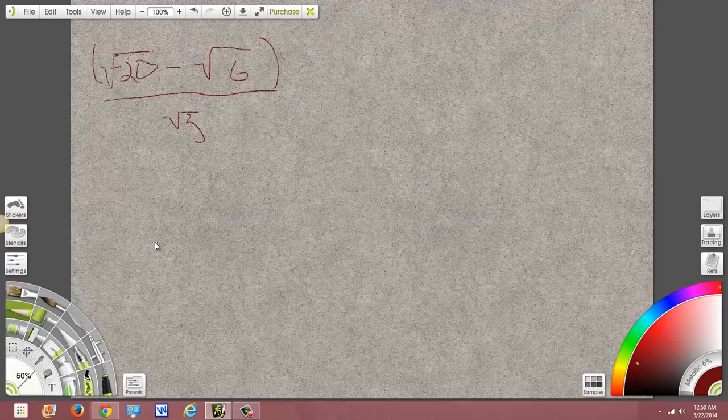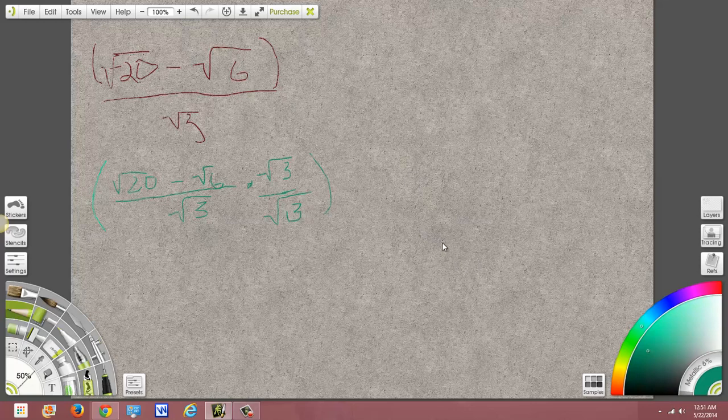I'm going to put it in huge parentheses, and then multiply by the square root of 3 over the square root of 3. Why are we doing that? Because that is the same thing as 1. We are just changing the fraction's appearance.